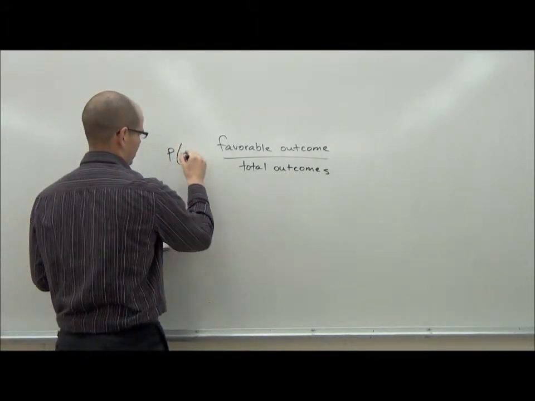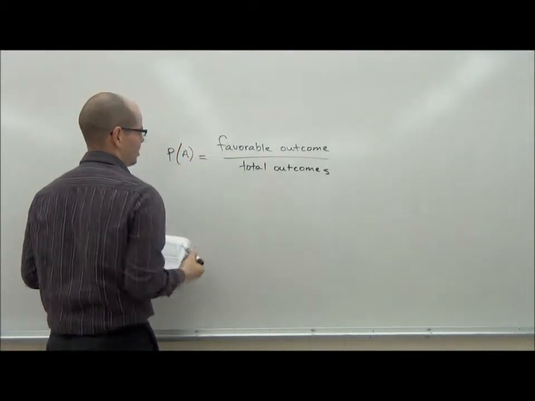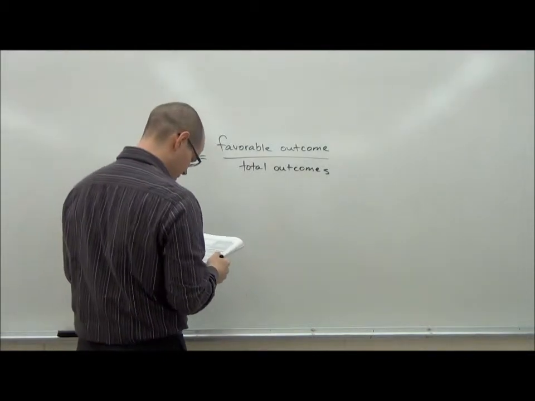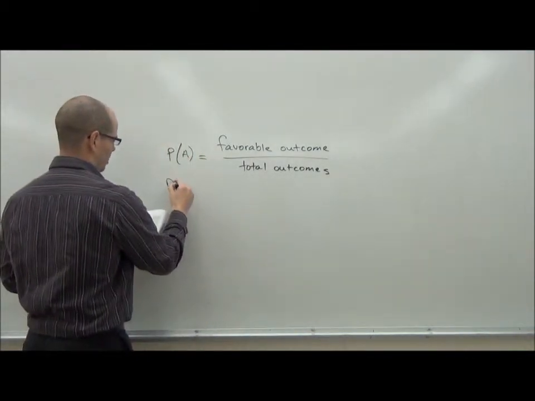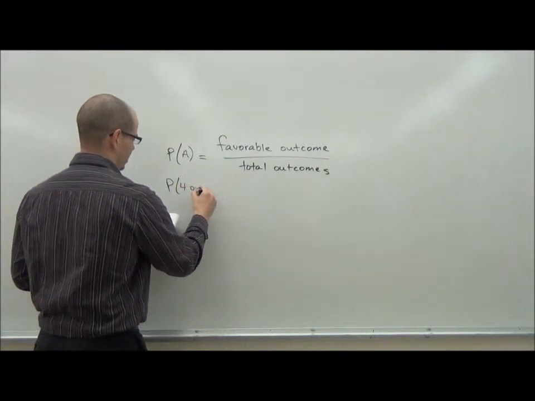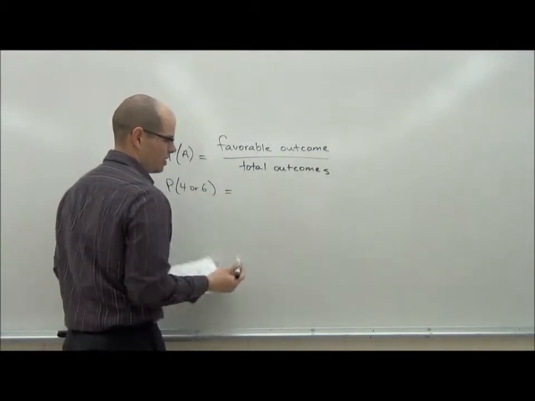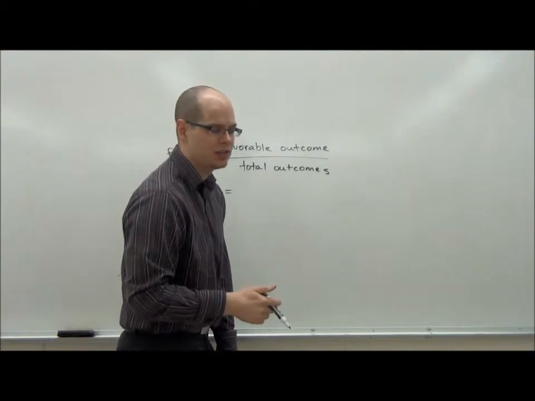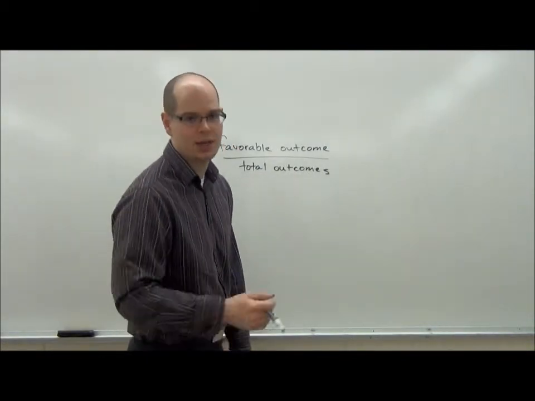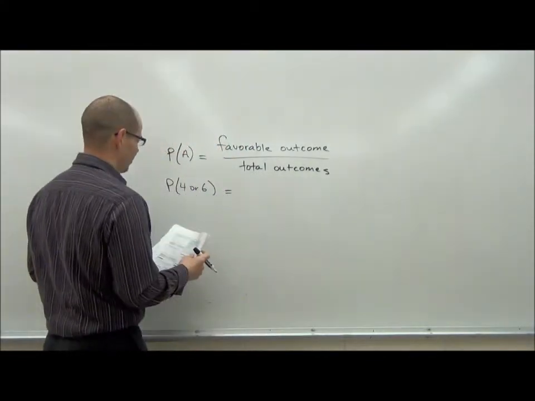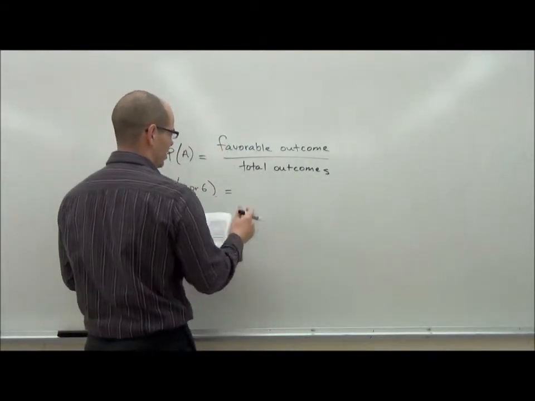In this case, it's going to be a 4 or 6. So we're looking for the probability of a 4 or a 6. Now the reason I'm looking for the probability of actually getting it is because all I need to do is go 1 minus the chances of getting it to get the chances of not getting it. Okay, so first let's figure out the probability of getting a 4 or 6.